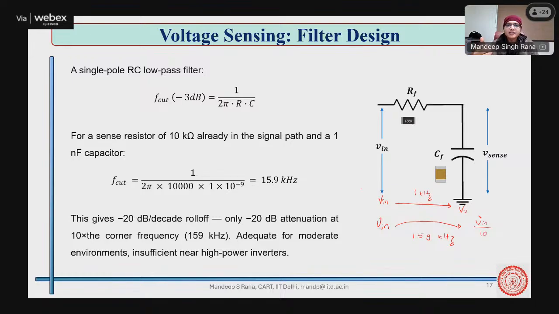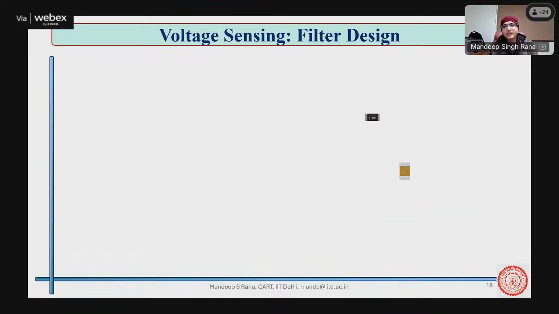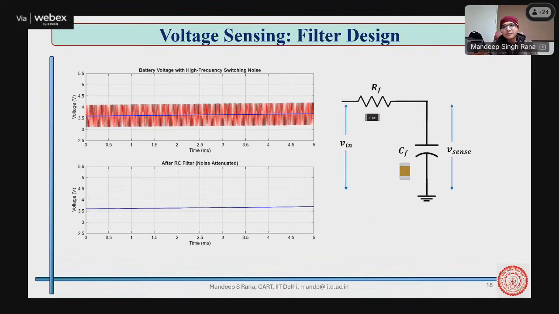Making noise 1/10 doesn't work out very well for EV systems. When we are looking at EV systems, we need to have more filtering. So this is one of the fundamental simulations with some data over there, and with that data, you can see that there is a lot of noise involved, EMI noise with this data.